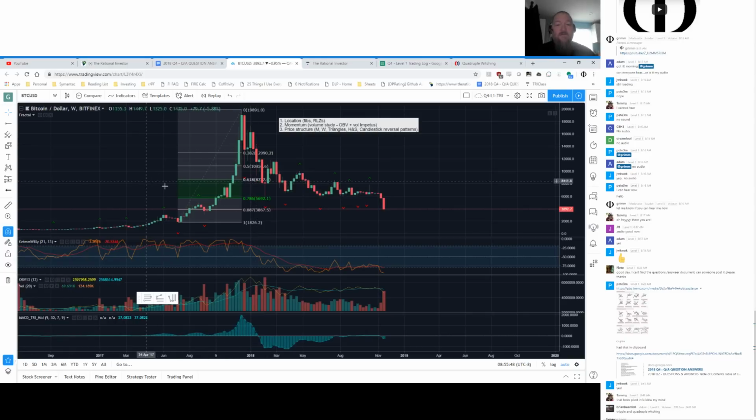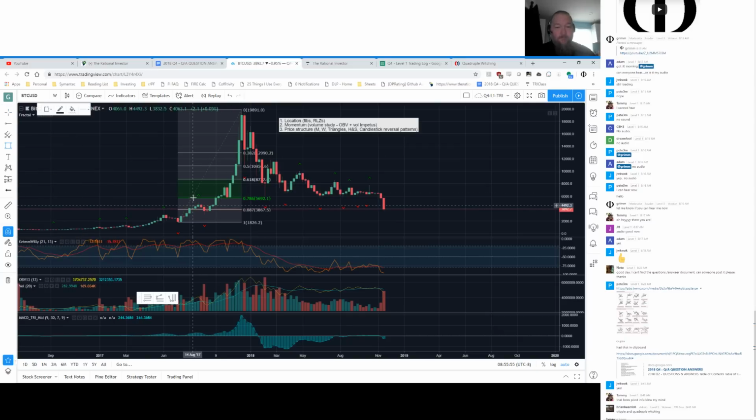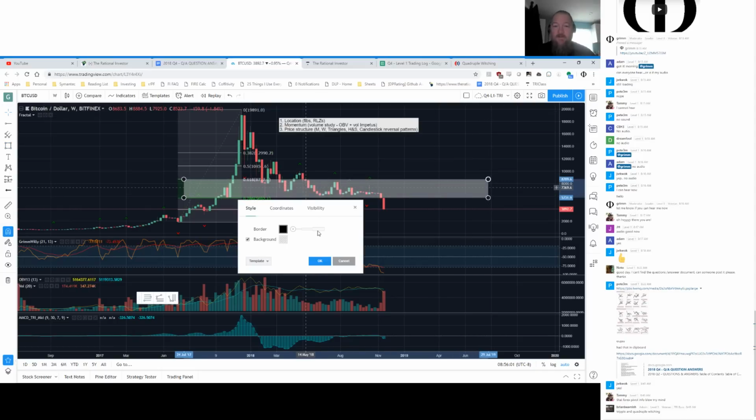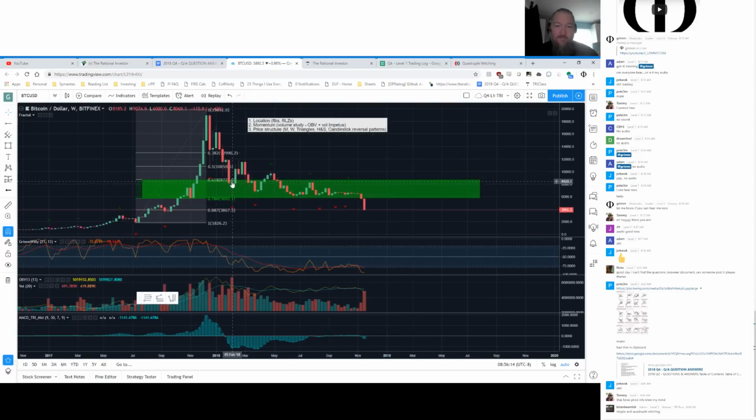We've got this reload zone here on Bitcoin, from here to here. Ideally, we would see the structure come in within this reload zone.